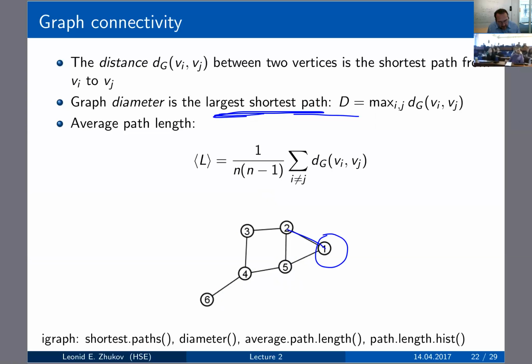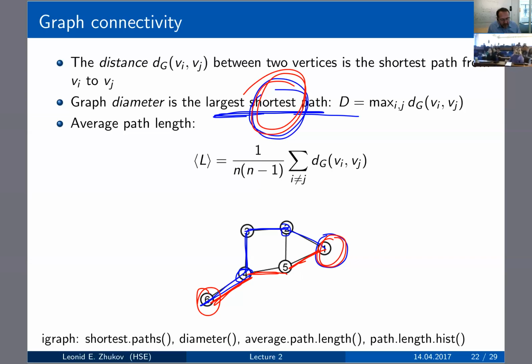But if you go this way, it is the longest path, but it is not the longest shortest path between them, right? Remember, there is another word here, shortest. So we need to go through all the pairs of nodes, find the shortest path between them, and take the largest of those. So between node 1 and 6, this is the shortest path, right?